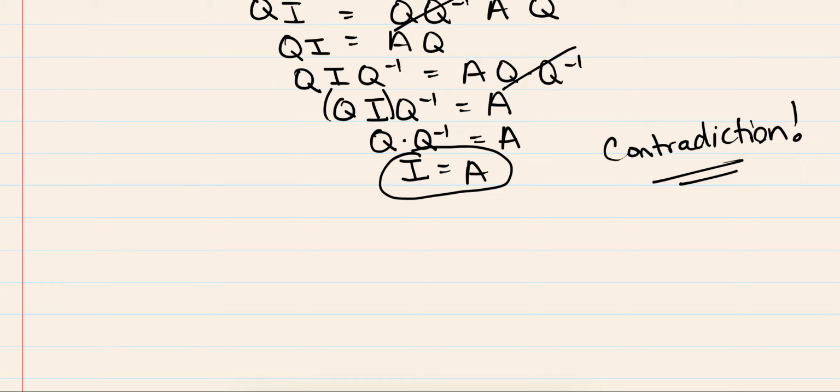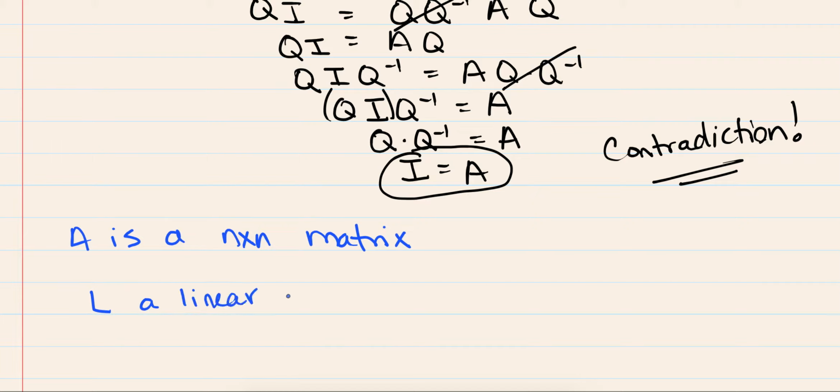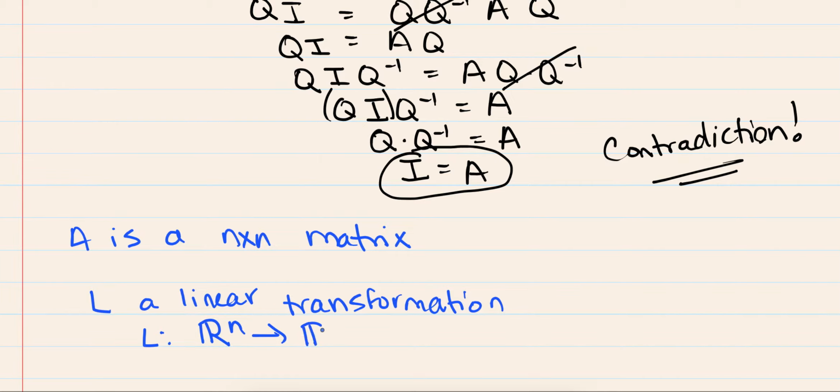So if you have an n by n matrix, let's say A is an n by n matrix, for any matrix that you can think of, you can associate a linear transformation that takes Rn into Rn.